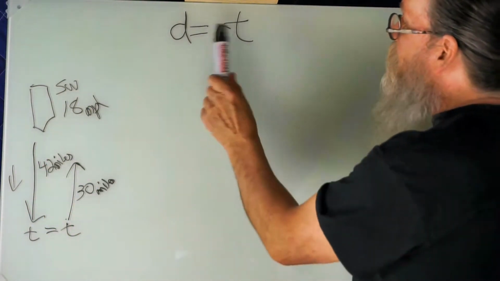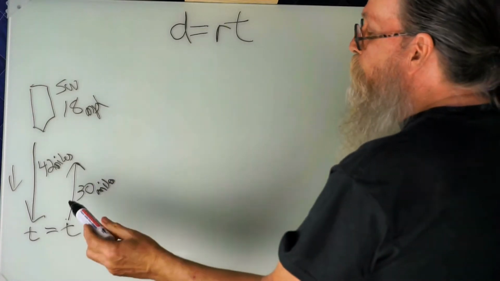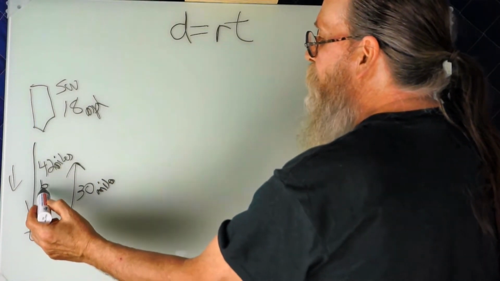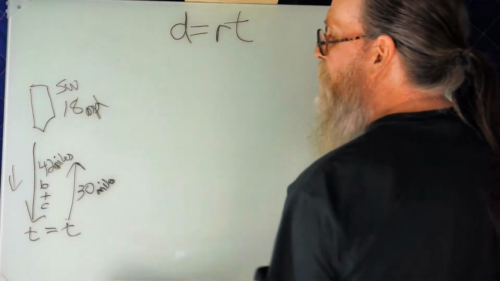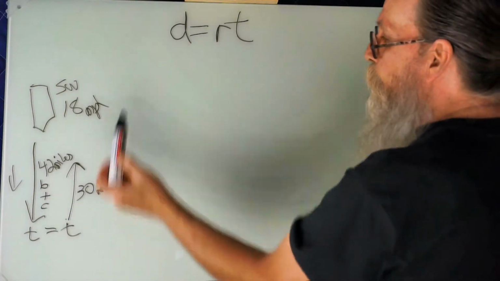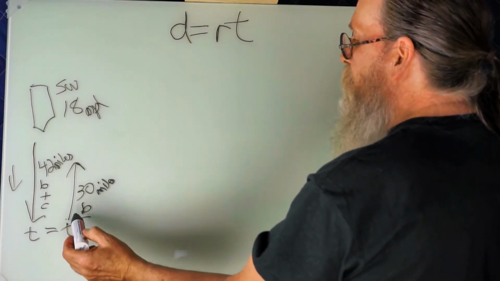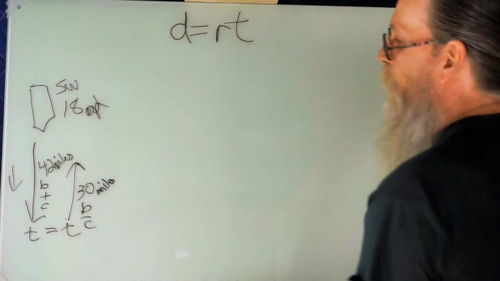That's the thing on these tricky problems with the boat: when the boat is traveling downstream, you have the speed of the boat plus the speed of the current. When the boat is going upstream, you have the speed of the boat minus the speed of the current.